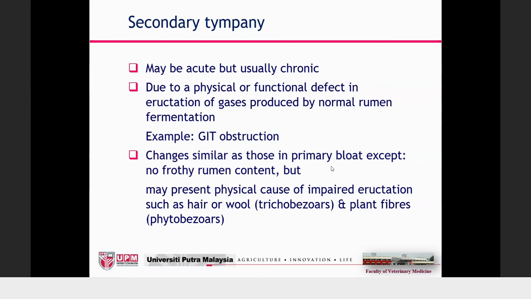Similarly, sometimes in small ruminants, or monogastric animals, it is a result of displacement of the spleen leading to torsion of the stomach. They might have the same thing also. So the approach to treatment is different when you compare with primary tympany.